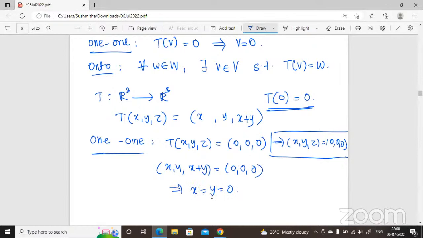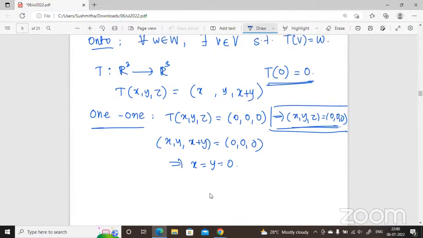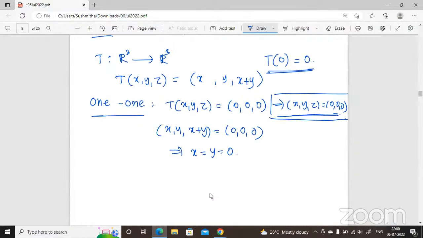Does this imply this? What happens to z? Z will also be 0? No, why? This doesn't say z has to be 0.